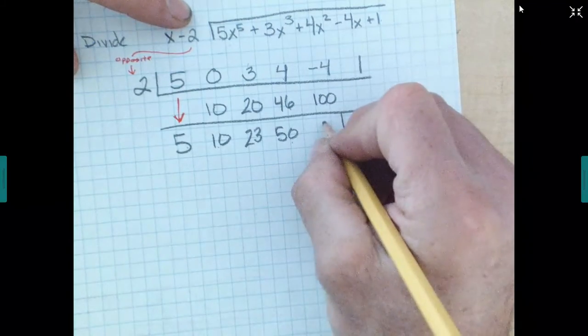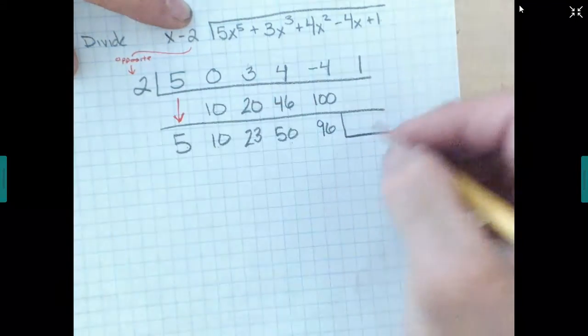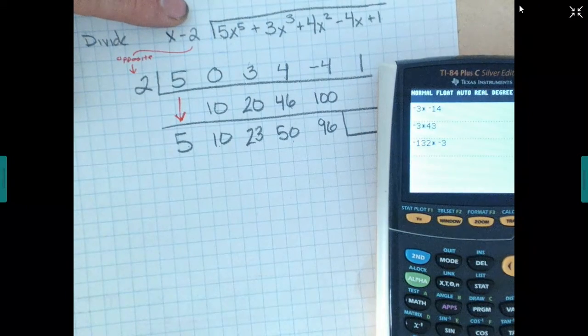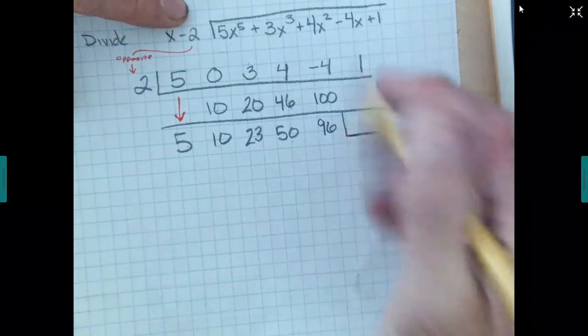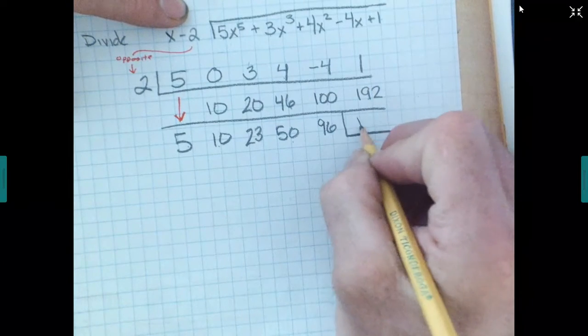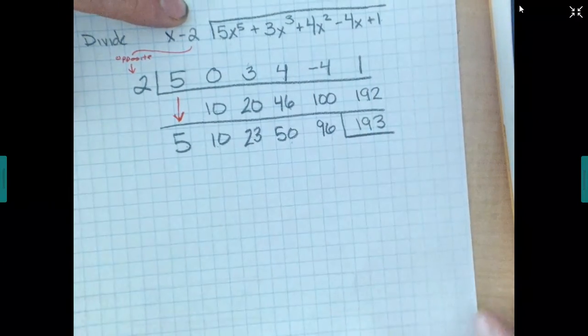Negative 4 and 100 is 96. 2 times 96, 192. Let's check. 96 times 2, 192. And 1 and 192 is 193.